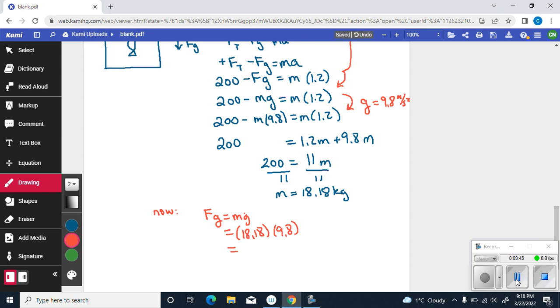What's it equal? So I get an answer of 178.18. We're in force of gravity here, so newtons. Therefore, the true weight is 178 newtons. Okay.